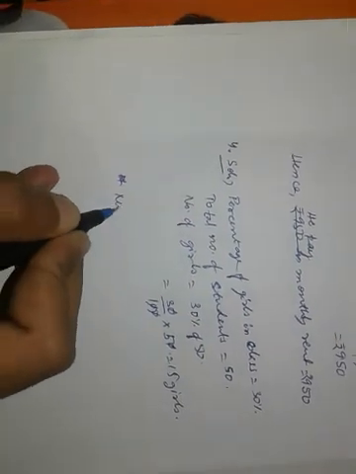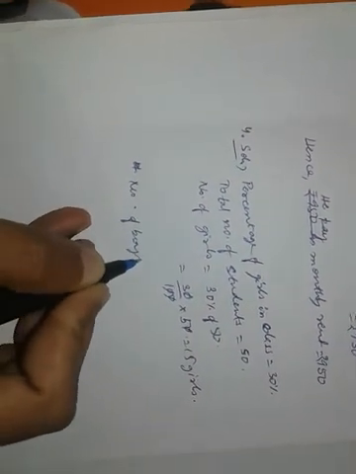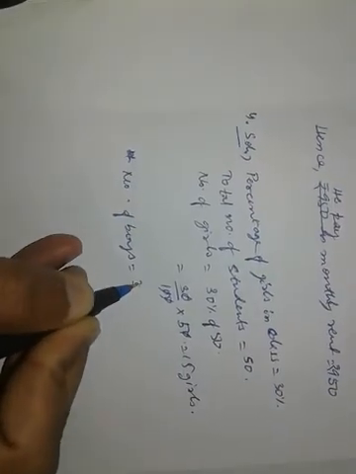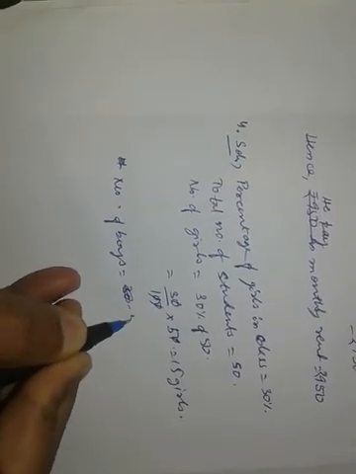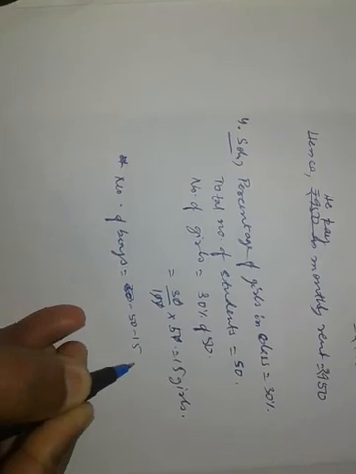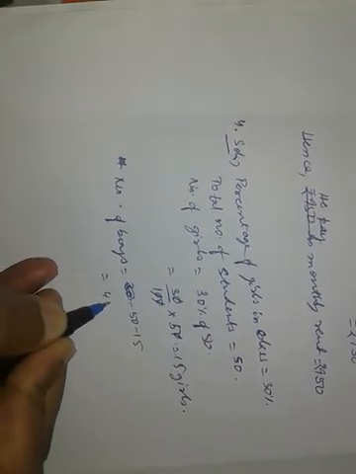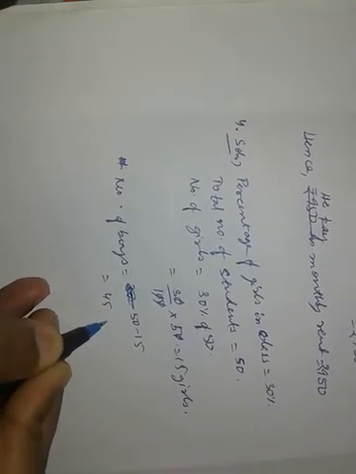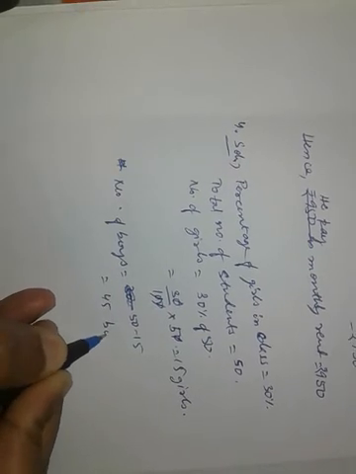Now we have to find the number of boys also. How do we find the number of boys? We subtract 15 from 50. How much do we get here? 45 boys.